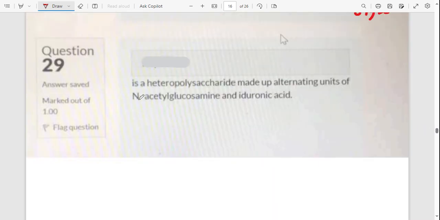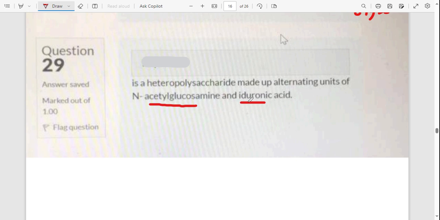Dash is a heteropolysaccharide made up of alternating units of N-acetylglucosamine and uronic acid. Now, the combination of N-acetylglucosamine and uronic acid forms a glycosaminoglycan. There are different forms of glycosaminoglycans depending on the kind of uronic acid that you use.